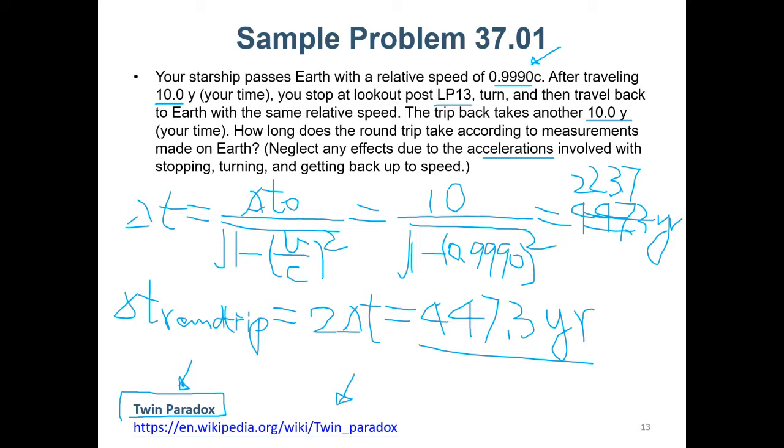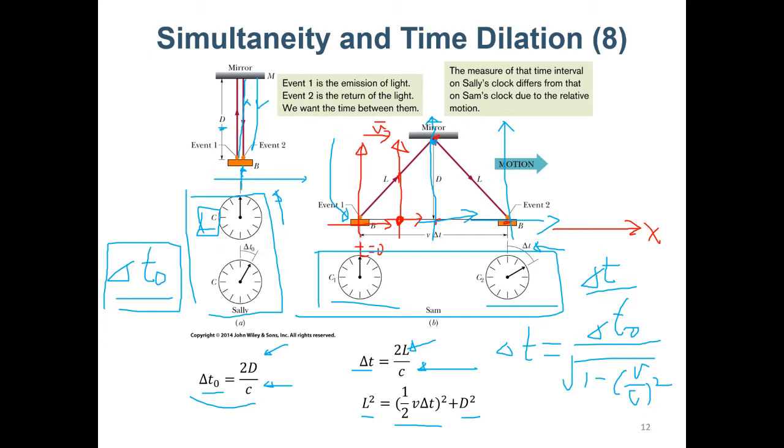And as you see here, the problem tells you to neglect the effect due to the acceleration involved in stopping, turning, and getting back to the speed. And here, it uses a trick that there's a mirror here, so that you can emit a light and it can reflect back. However, if it is a starship, it is not really the same.